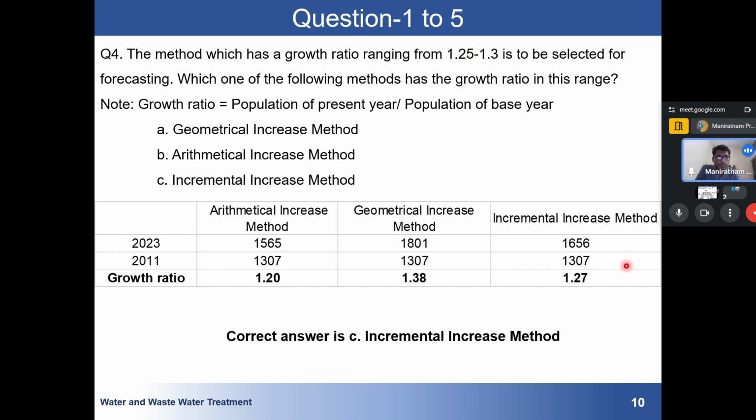Based on this result, for my design purpose, I will be considering the population of 1656. I hope this is clear. The question was simple, but you should understand what you are learning from this question, that is, why we are finding the growth ratio. This is most important. I hope this is clear to you.